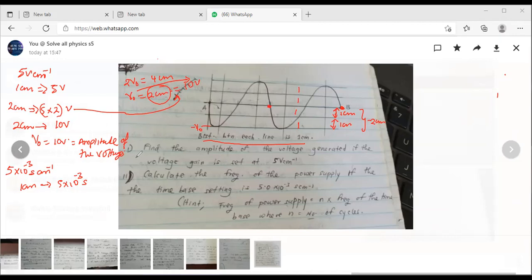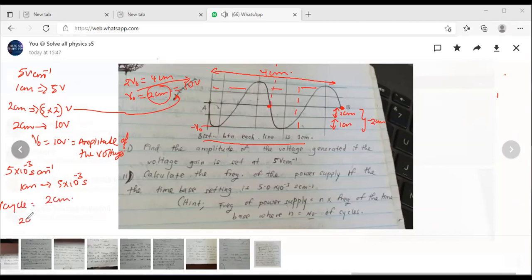According to this diagram, the total distance here is 4 centimeters. So that means 1 cycle is 2 centimeters.